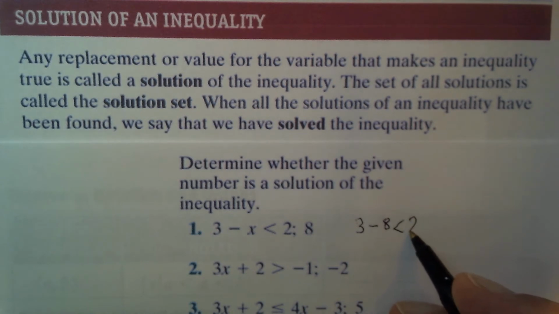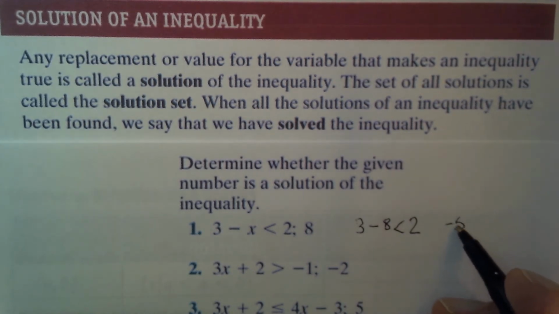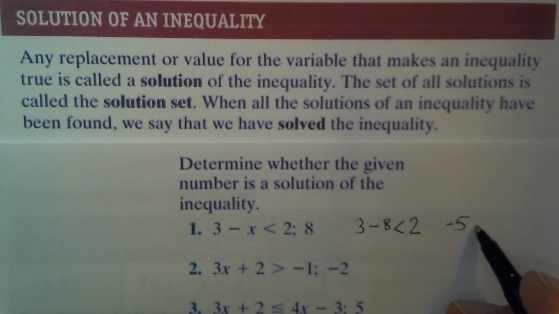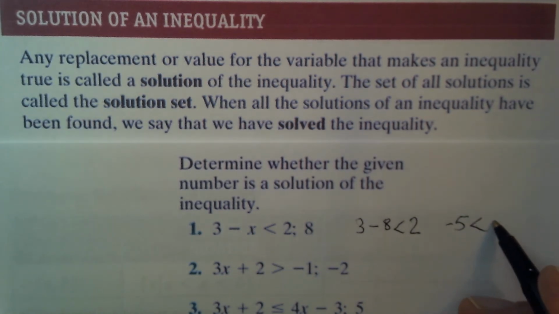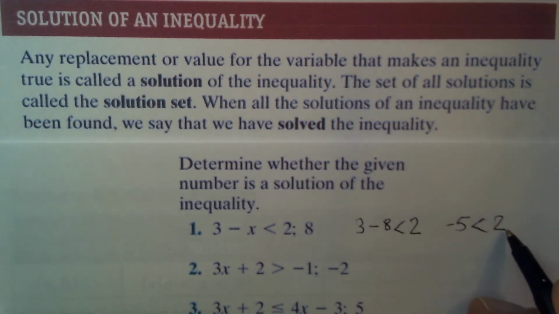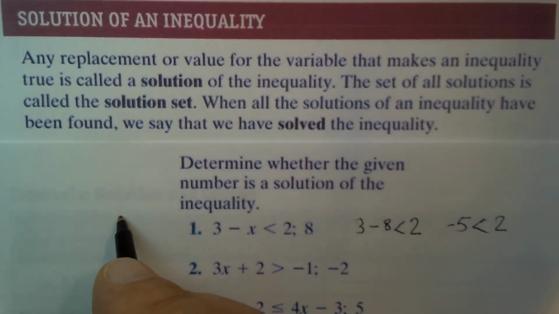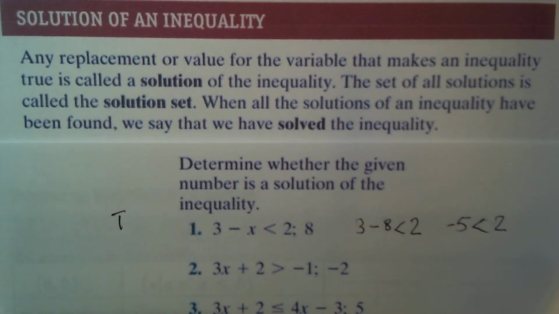Is that a true statement? 3 minus 8 is minus 5. And of course, we know that minus 5 is less than 2. If you look at the number line, minus 5 is to the left of 2, so that means it is less than 2. So this is true, 8 is a solution to this inequality.